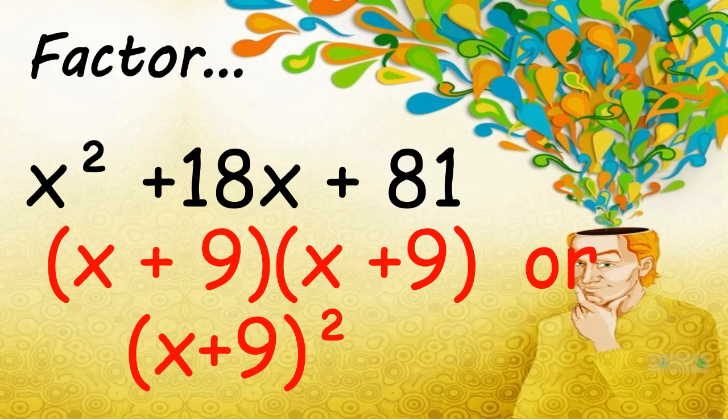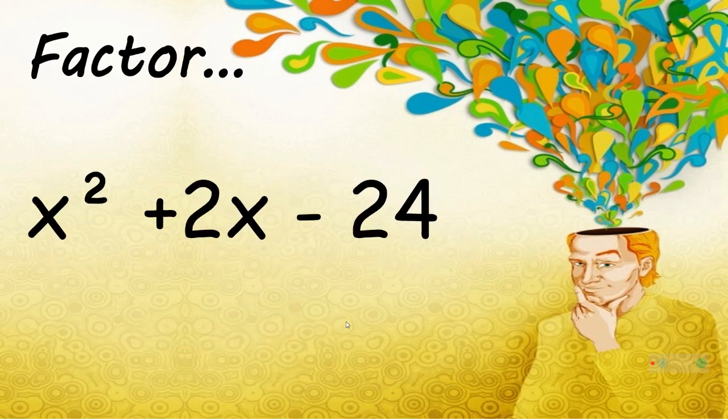They are the same because if you are going to apply the law of exponent here, we have here x plus 9 in quantity square. Okay? Next, let us have x squared plus 2x minus 24. Yes, you're right. You will not use here PST because as you have seen, the last term is negative 24. PST has always the last term which is positive and 24 is not a perfect square.